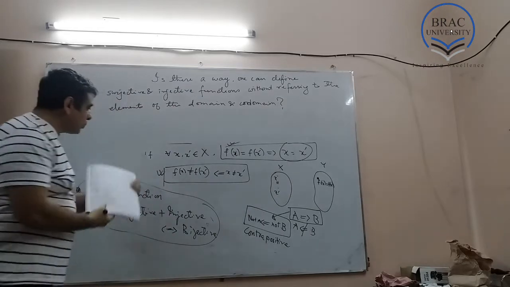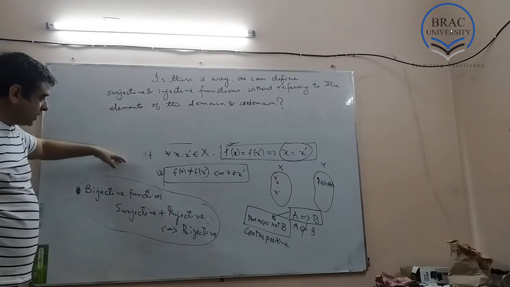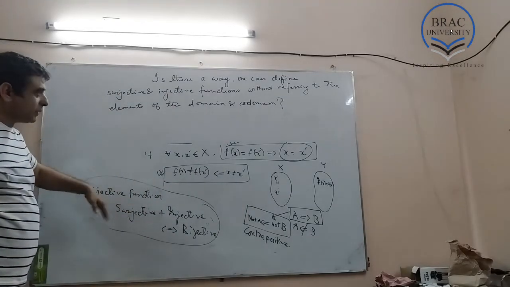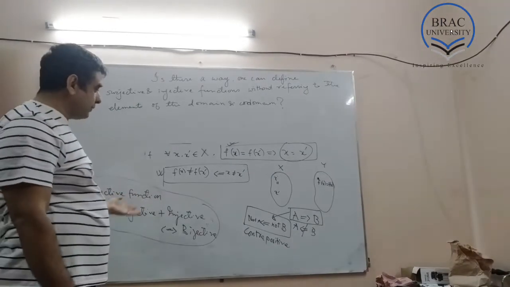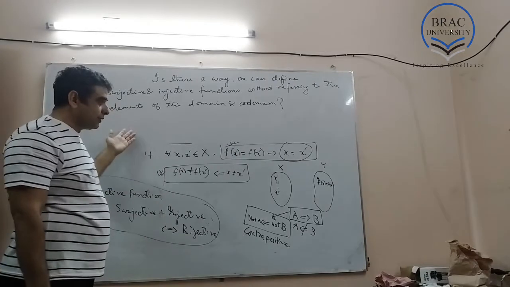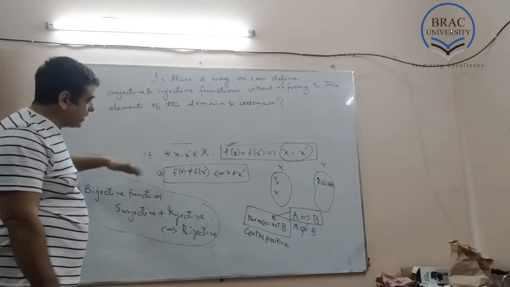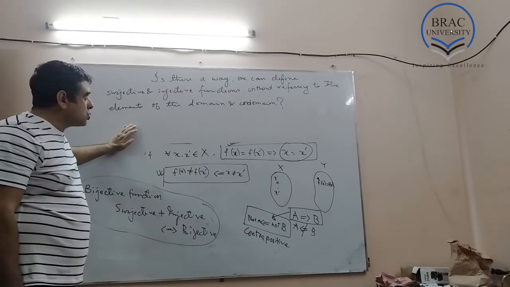It means that, while we were defining the surjective function, injective function and bijective function, forget about the bijective, because the definition of bijective involves the definition of surjective and injective. So it's sufficient to talk about surjectivity and injectivity.